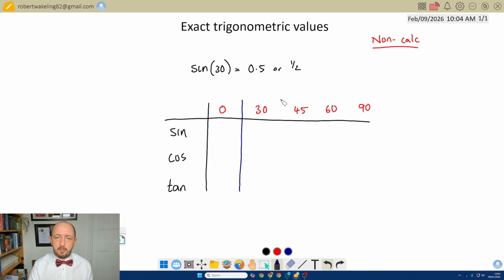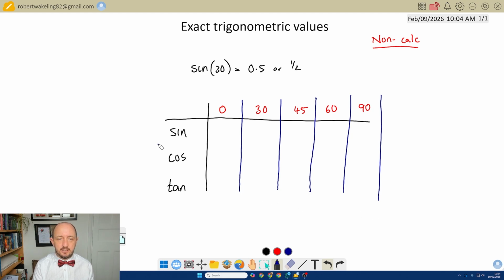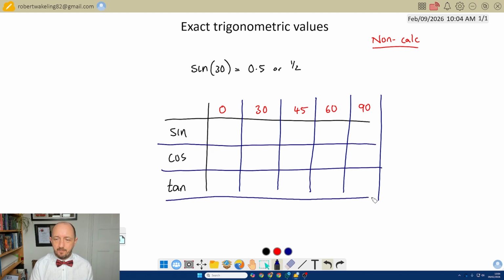Stick those in a table and try to learn each of these individual parts. Okay, tan isn't used very often. All right, sine and cos are the most common, but that's not to say that they won't ever ask you a tan one. So we have to learn all of them.